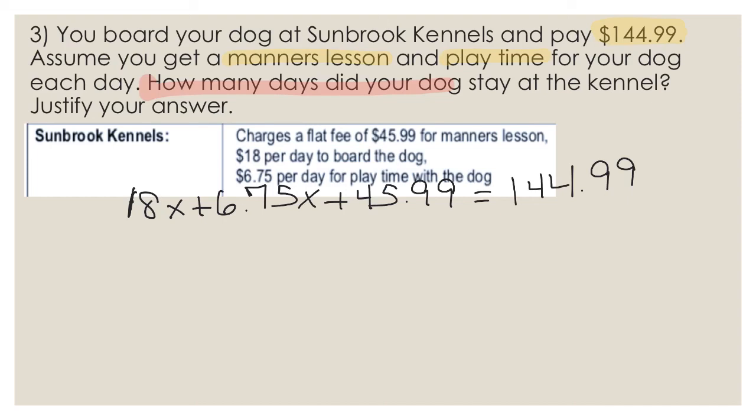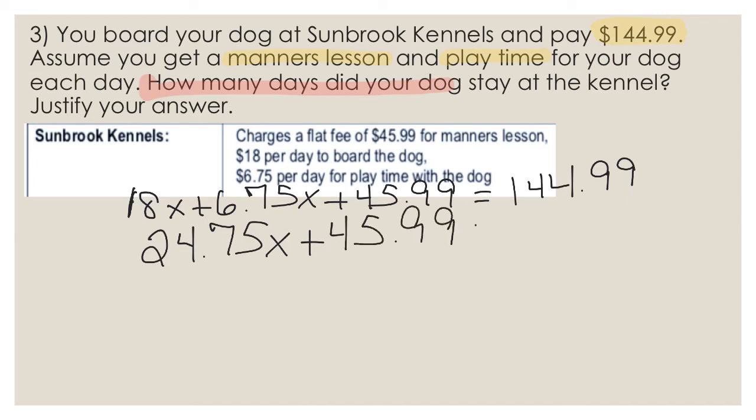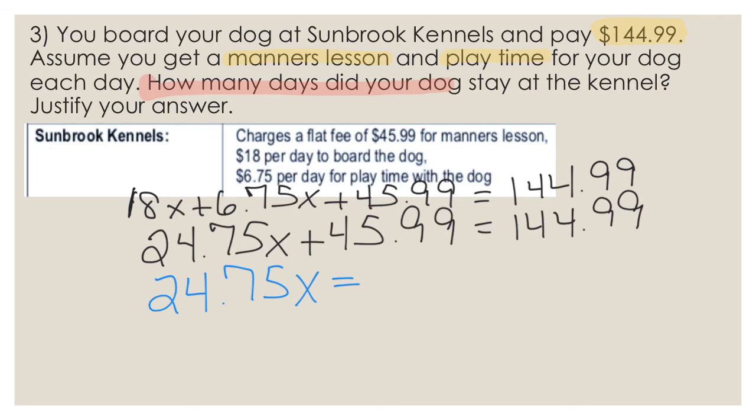We are going to follow the same pattern we've been doing. And we are going to solve this as 24.75x plus 45.99 equals 144.99. I'm going to subtract my 45.99 from both sides. 24.75x equals $99.